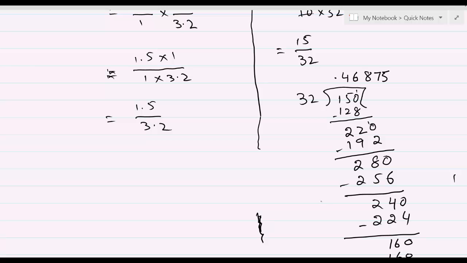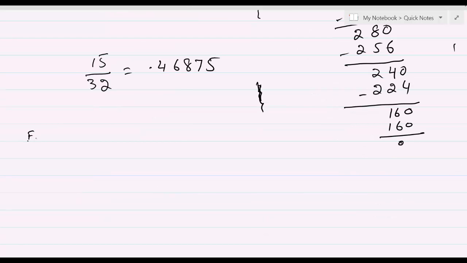So therefore we can say that 15 over 32 is equal to, we perform this division, and the answer is 0.46875.